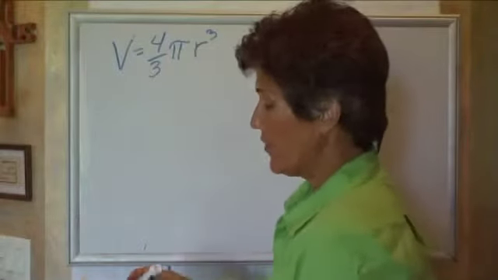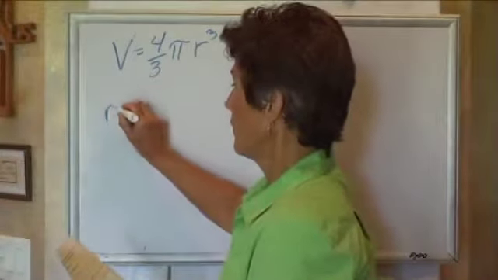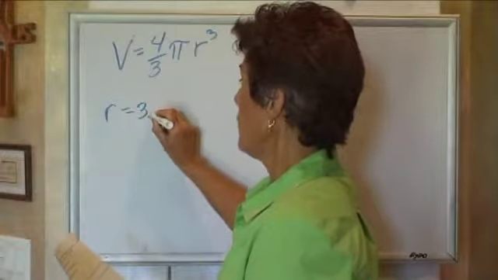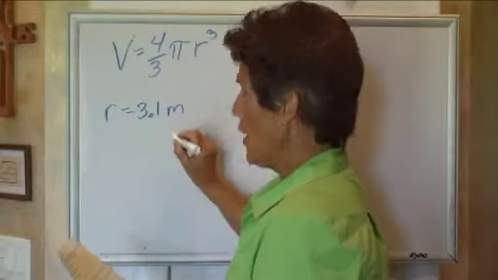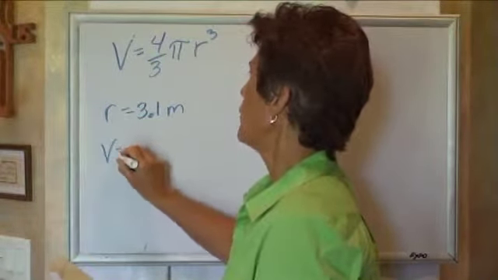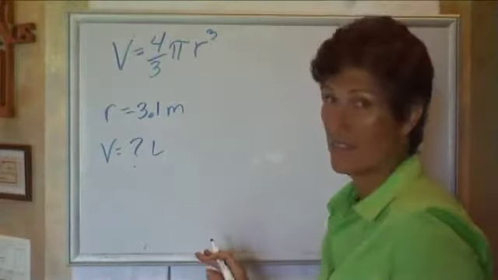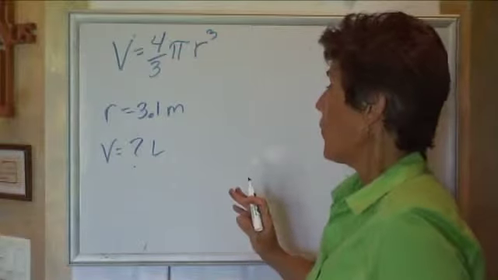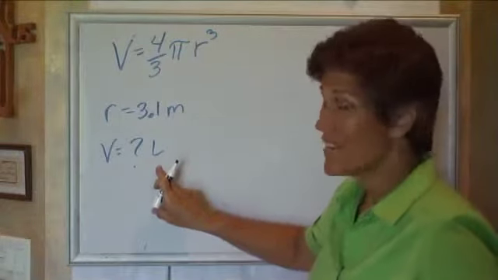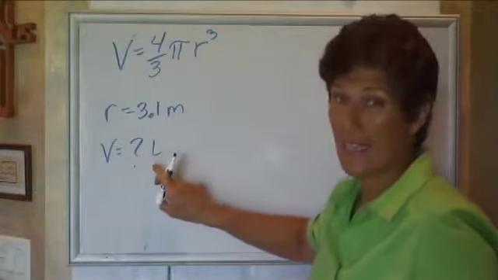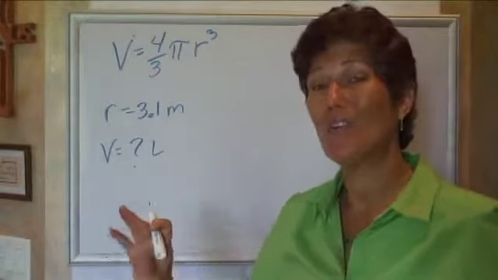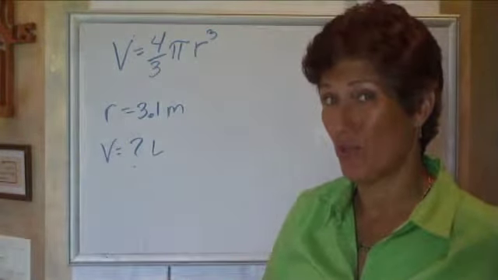If the sphere's radius, so he tells us r equals 3.1 meters, he wants to know what is the volume in liters. So this is the information he gives us. Now, remember that your bridge between meters and liters is that 1 milliliter equals 1 centimeter cubed.